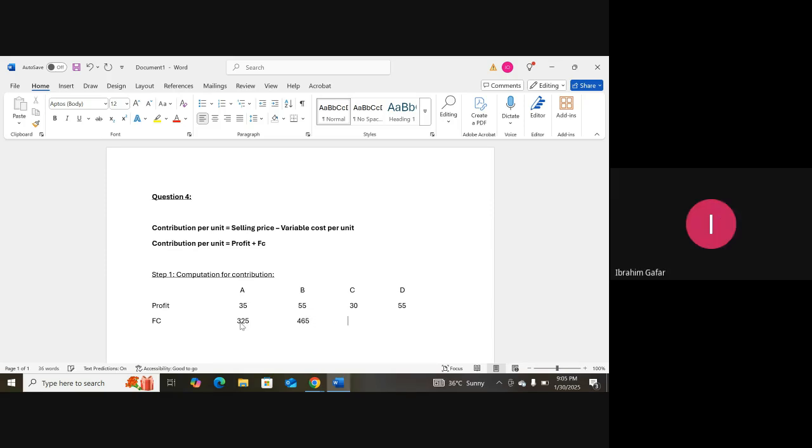Product C, 270. Product D, 485. Then we subtract the figure so that we get our contribution.